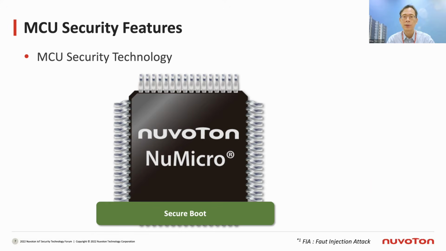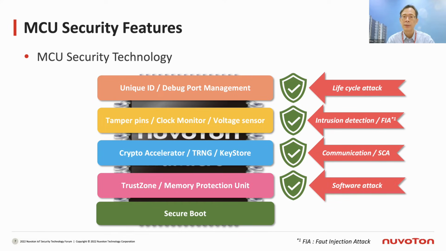Additional security features required by the MCU include hardware isolation features, such as TrustZone in the MPU. These features can be used to protect critical code and data against software attacks. Cryptographic accelerators, true random number generator, and key stores are used for data encryption and decryption, key exchange, and digital signature verification.